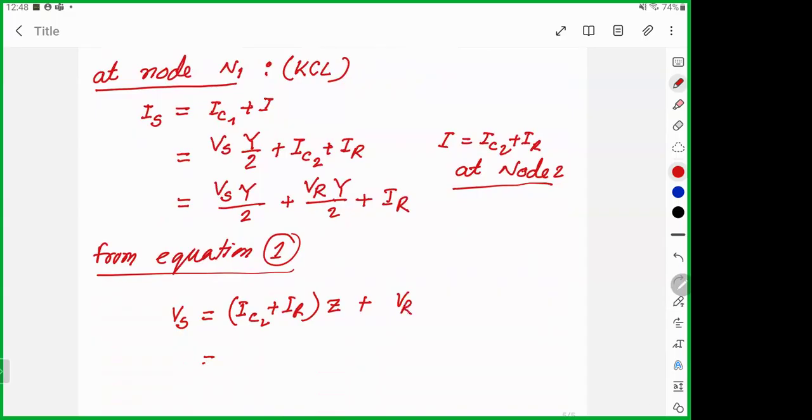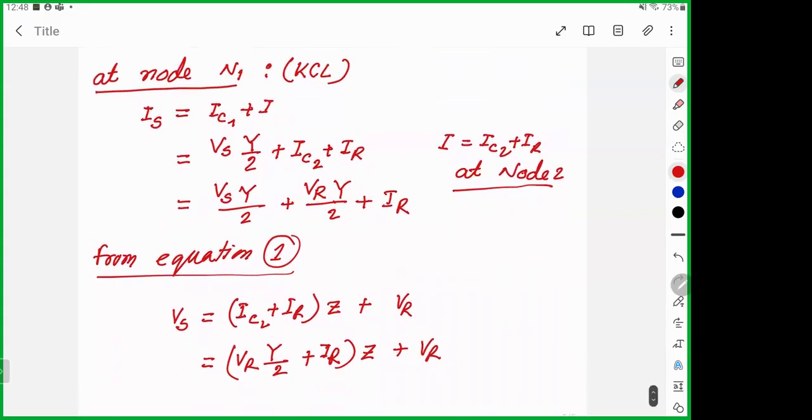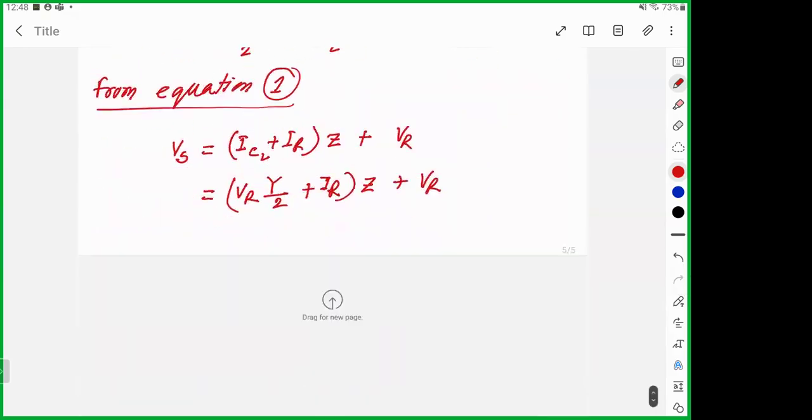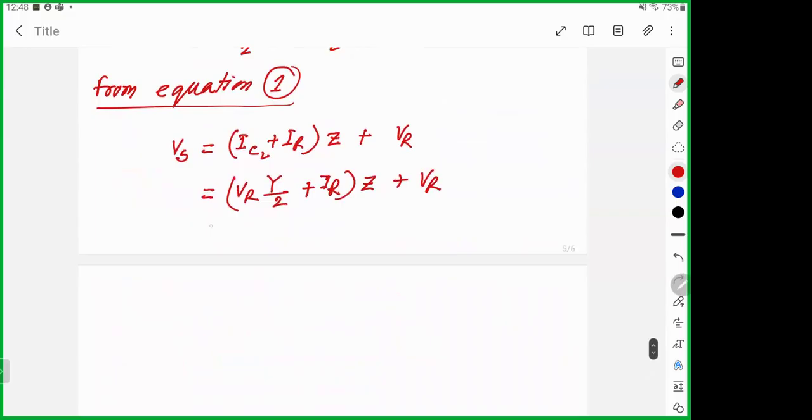Now IC2 is equal to VR Y by 2 plus IR, times Z, plus VR. So I have IC2 replaced with this one. Now I think all the quantities are represented as VR and IR.